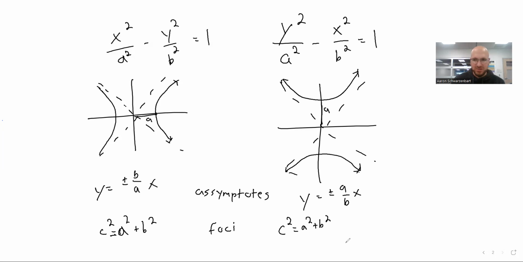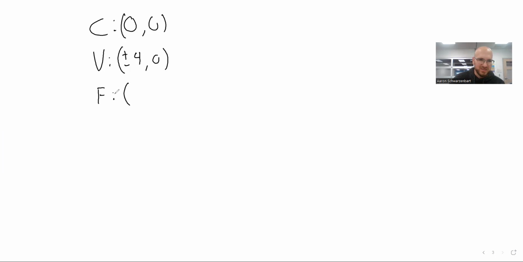So let's do an example. We have a hyperbola centered at 0, 0. We know it has vertices, they kind of did it this way, plus or minus 4, 0. And foci, so they're putting the plus or minus, that's 2 points, positive 4, 0 and negative 4, 0.